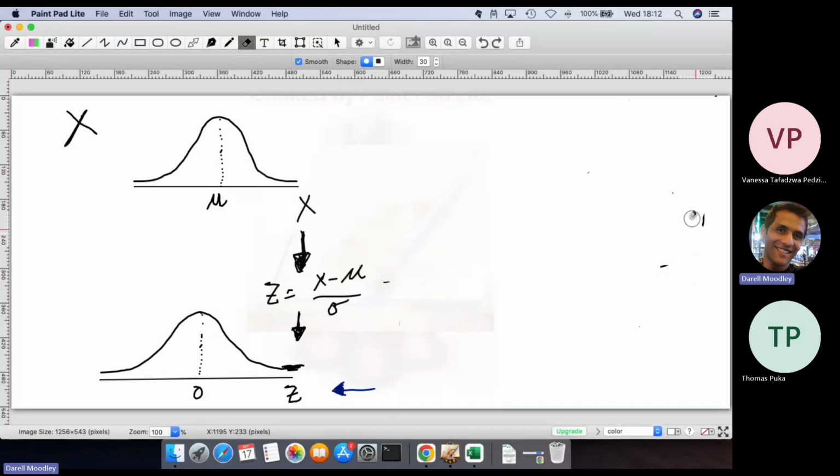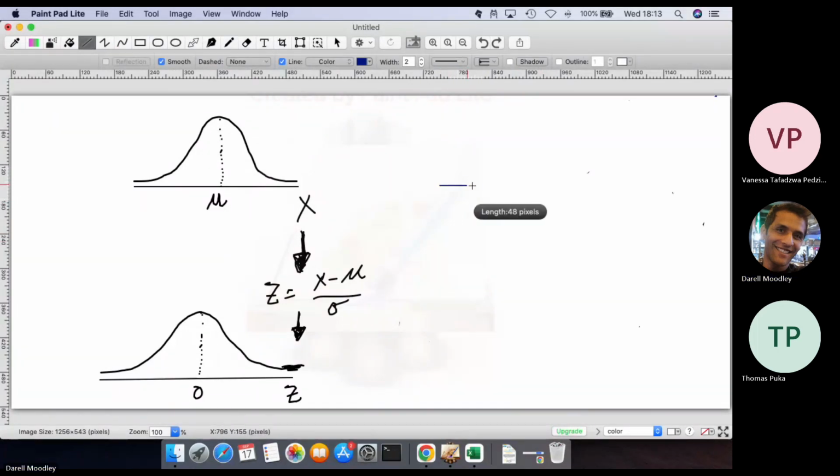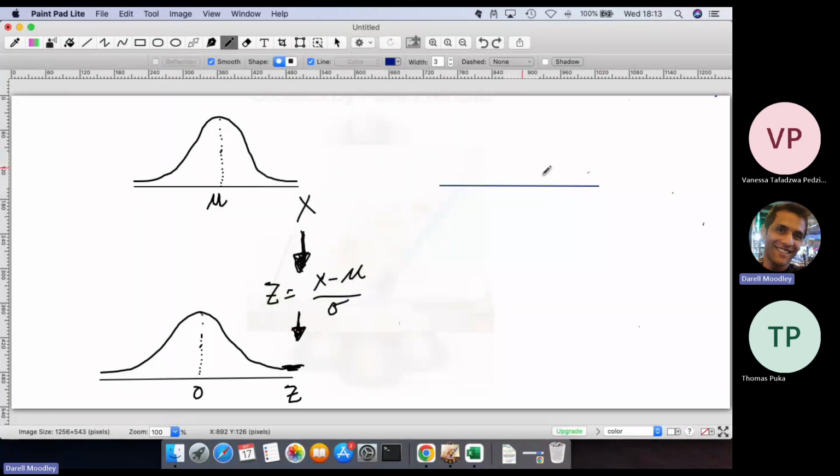What I've shown you so far on the left is if we have a single unit. Just keep thinking about this battery as an example. We have a single unit that we're looking at, and this is how we go from that single unit X to Z. Now, when you're working with the sample mean, you also want to convert it to Z, but the process and how you do it is different. I'm going to show you how it's done.